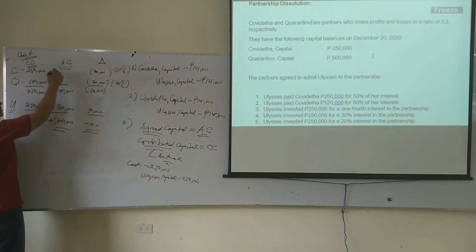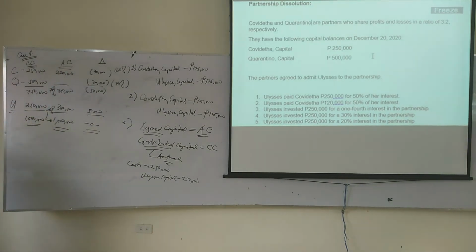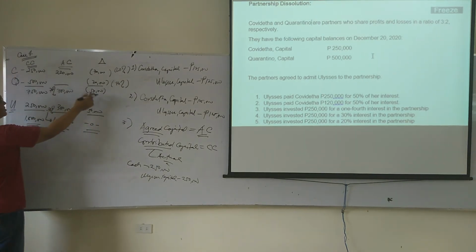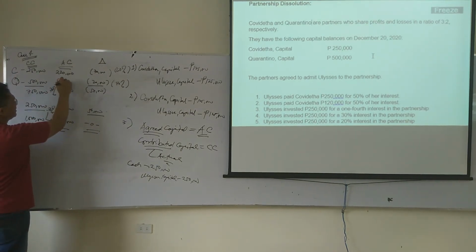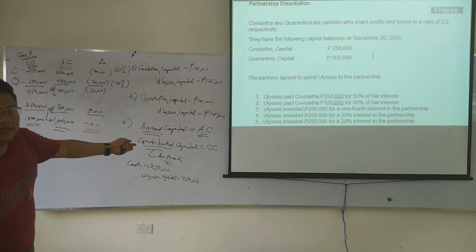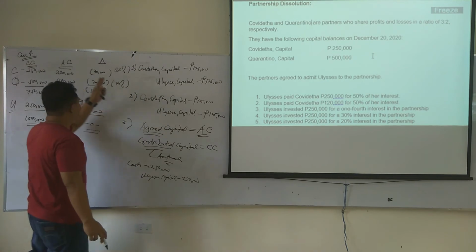So that means Covidita's interest is 220,000, while Quarantino's agreed capital is 480,000. So 220 plus 480 is now 700,000. So this is a case where the incoming partner receives a bonus from the old partners.